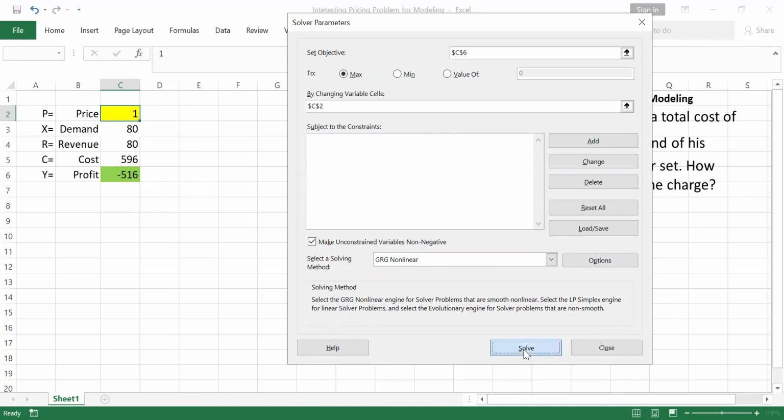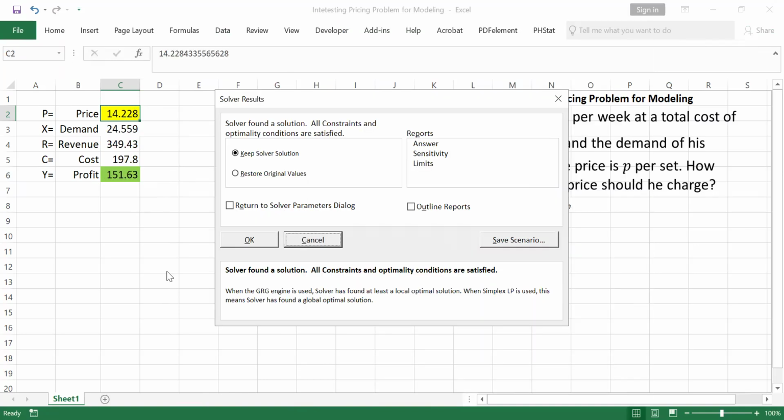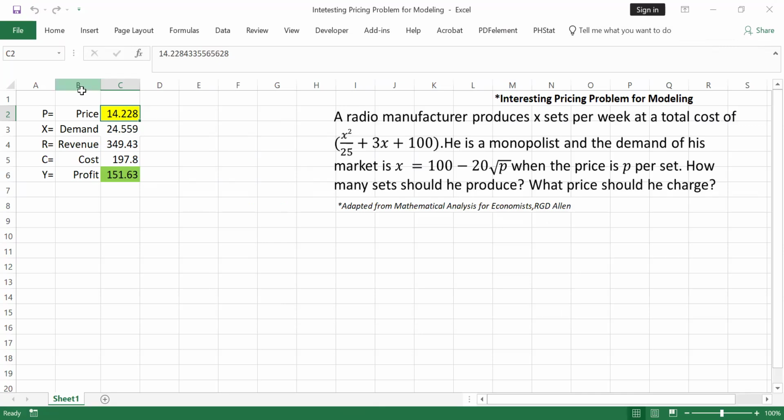Solve. Solver found a solution. All constraints and optimality conditions are met. Now we get price equal to 14.228. So let's say price is measured in dollars, demand is measured in units.